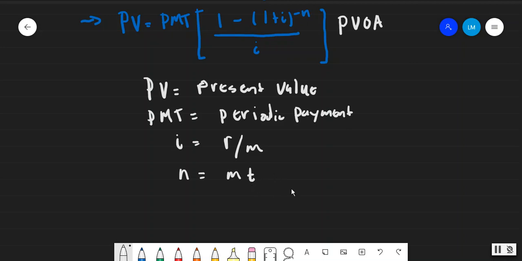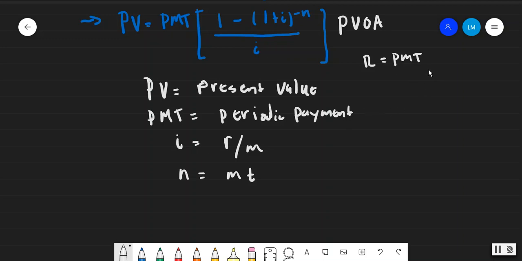One thing I do have to mention is that in some textbooks, and especially in the previous video, we might use R as the periodic payment. It's more or less just preference. The reason we used R was to avoid saying P times n times t, which gets confusing.